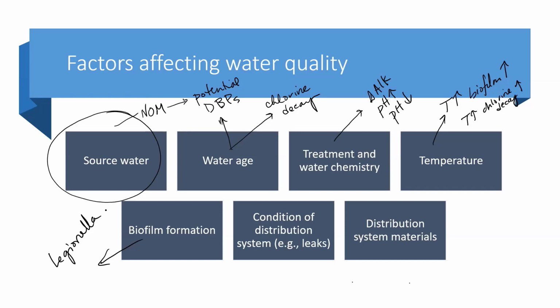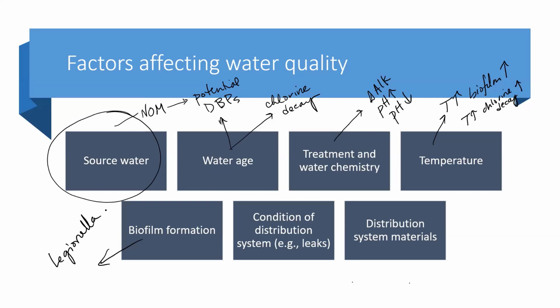The condition of the distribution system is an issue. Do we have leaks? Are there leaks in the major piping network where soil bacteria can actually enter the distribution system? Or do we have, you'll see pictures of it, what we call tubercles formed, or tuberculation, and there you end up with basically rust on the inside of an iron pipe.